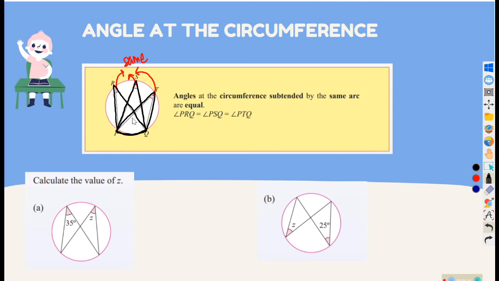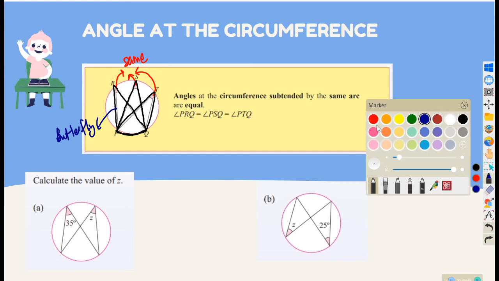As you can see, this shape we call a butterfly shape. Maybe we use some other color here.